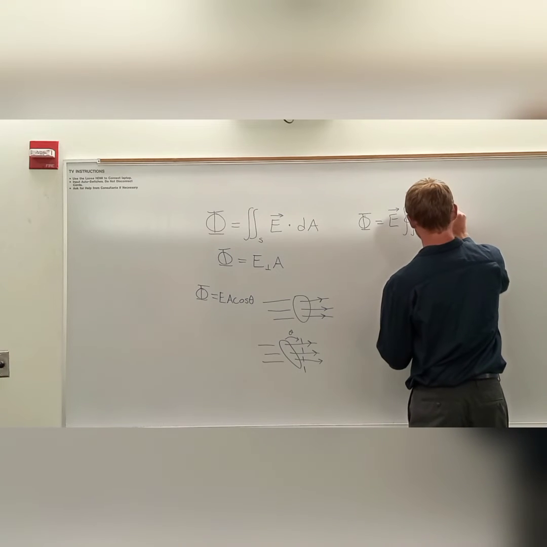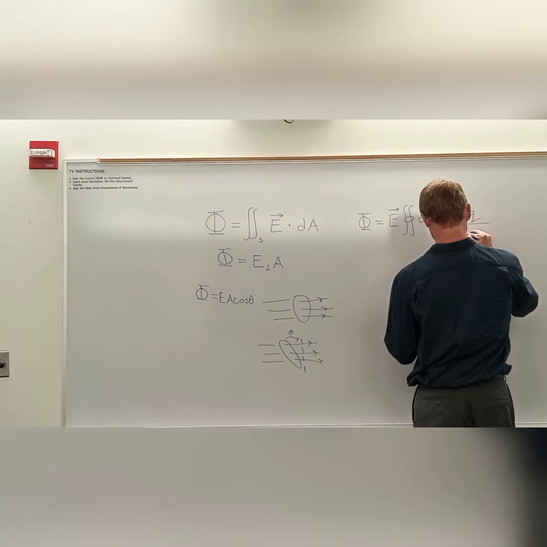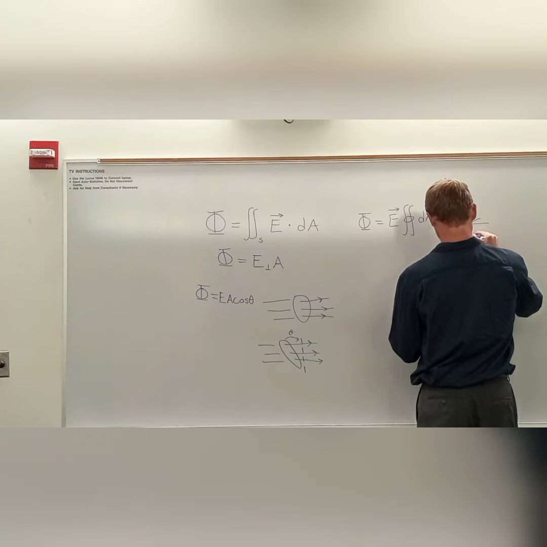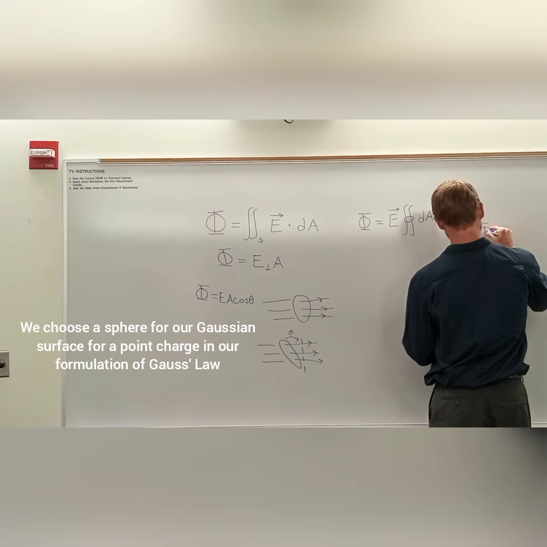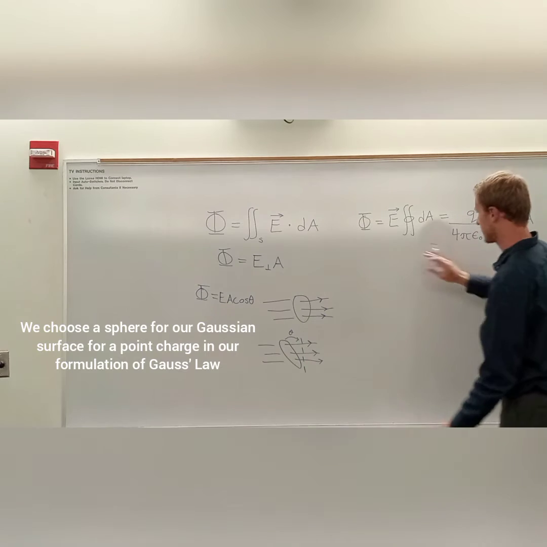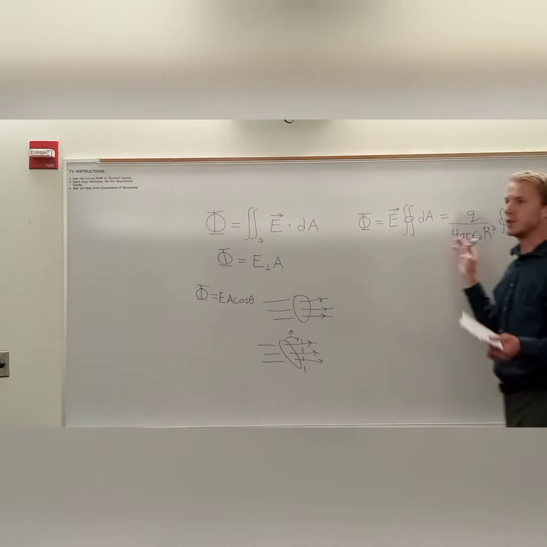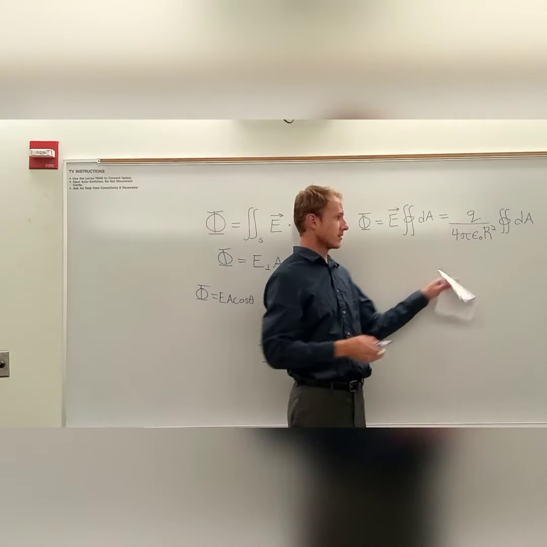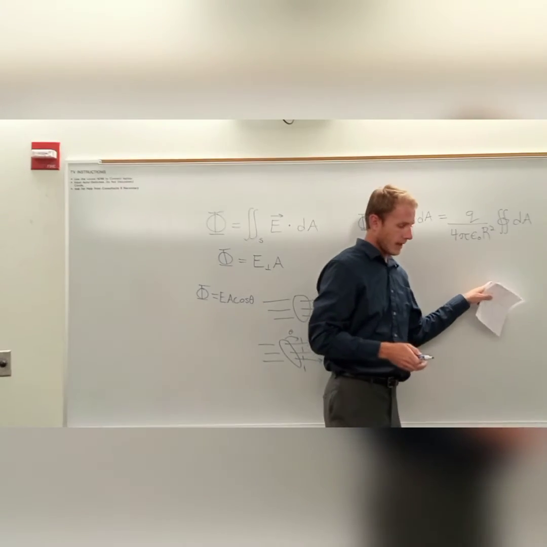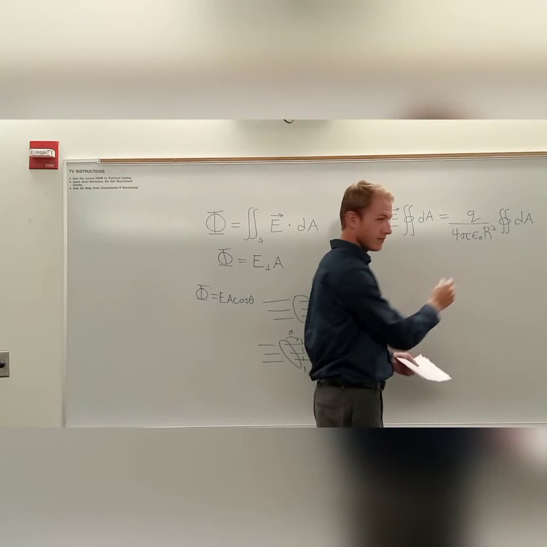Then we get this expression for a closed sphere. So we can substitute in the electric field, which we know from earlier, like finding the electric field of a particular charge. And we have this expression given to us.